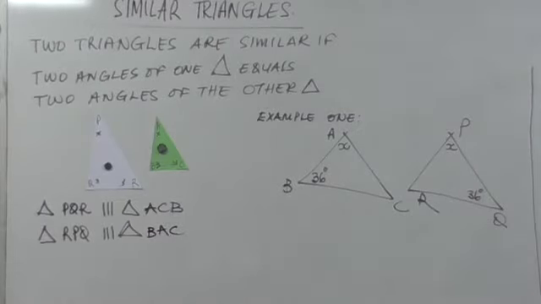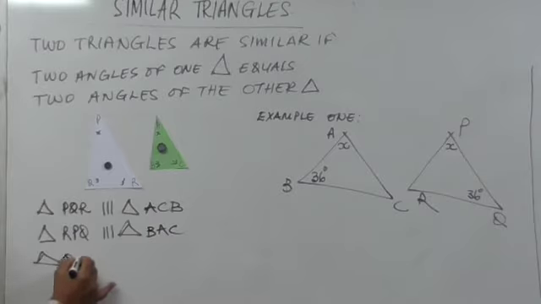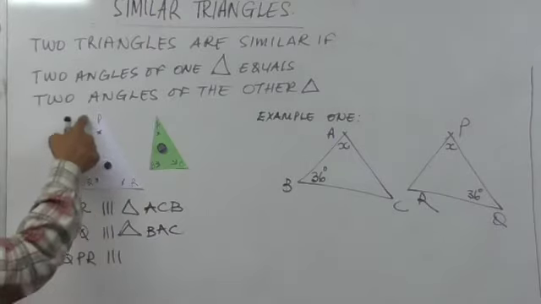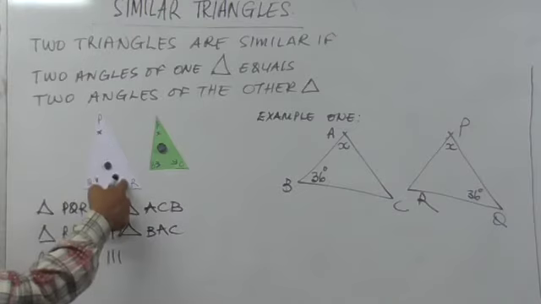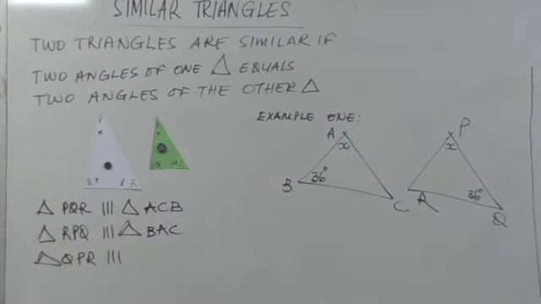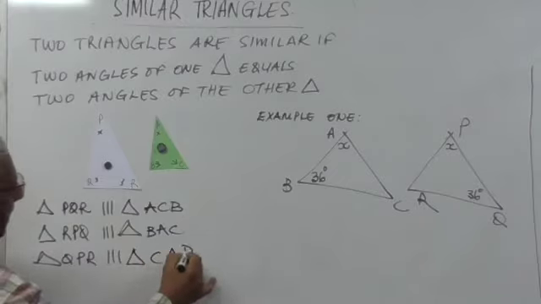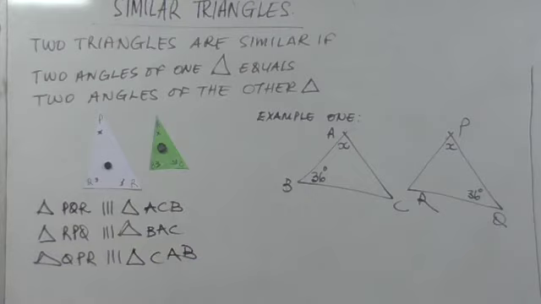And another student can say triangle QPR, he'll start here, QPR. So that's YXZ. So when I go there, I must go YXZ. So it will be triangle CAB. So you can label whichever way you like, but you must follow the order.